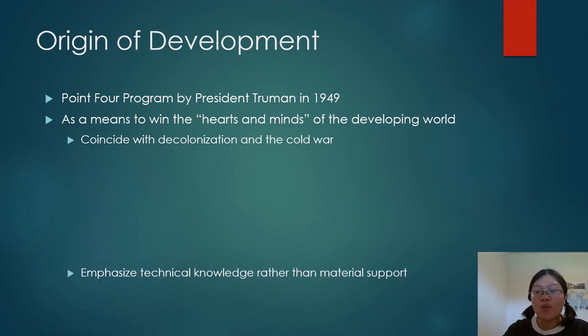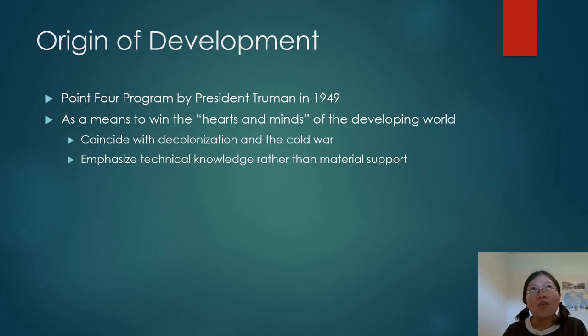What President Truman was proposing is to share technical and scientific knowledge with other underdeveloped regions around the world. But he was not really talking about material support. He was not talking about donations. He was really talking about sharing technical and scientific knowledge with other parts of the world as a way, again, to win the hearts and minds of people in the developing world, as a strategy to fight communism.